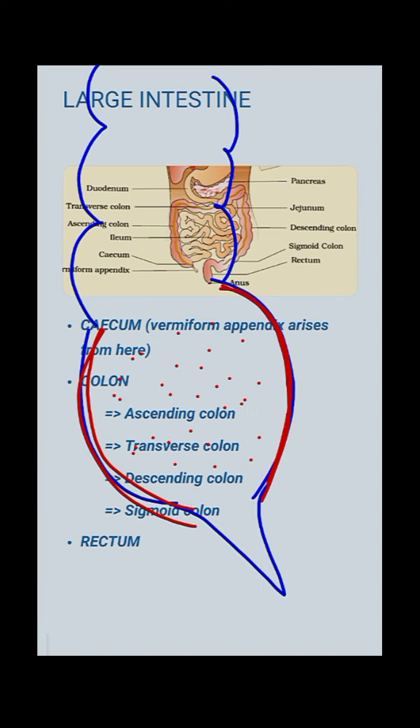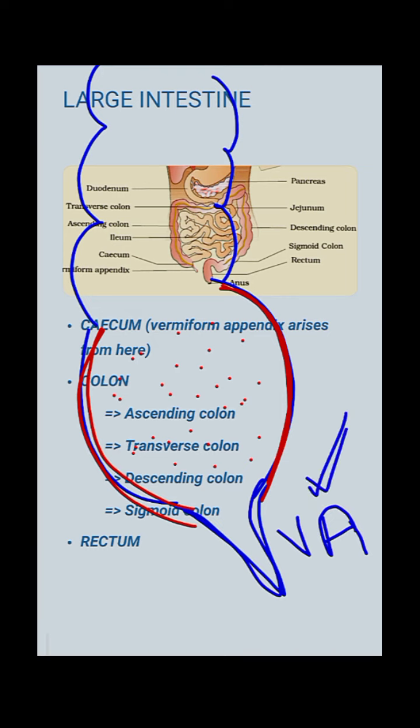After the cecum, see this part, it is the vermiform appendix. It is a vestigial organ now, meaning it is not functioning at all, but at earlier times it was functional. At earlier times man used to be herbivorous, eating raw leaves and bark of trees, which are very hard to digest. The part that helped them digest these hard things is the vermiform appendix.